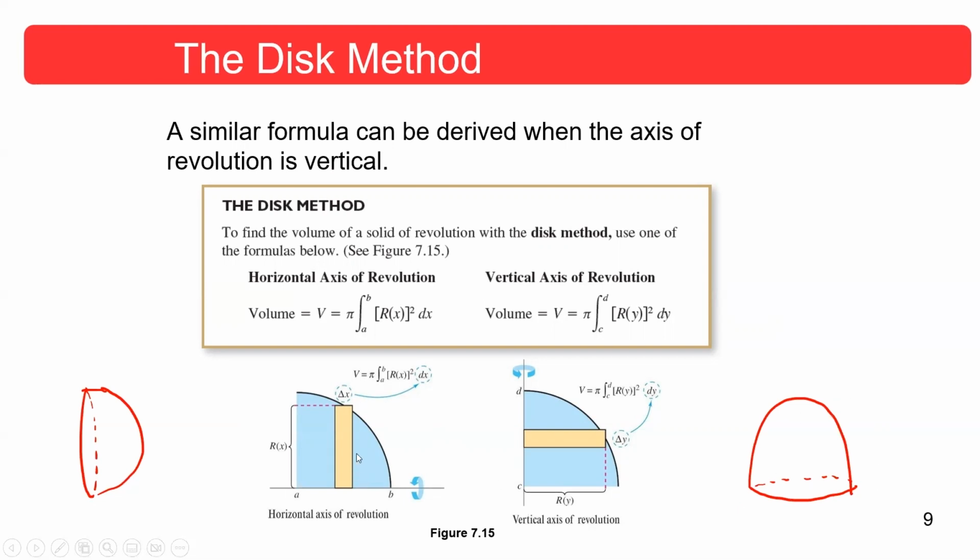And notice, guys, if the element is vertical, what's the thickness? The thickness is delta x, because the thickness is along the x-axis. And then the height is y up minus y down. If the element is horizontal, the thickness is delta y, or dy, and then the radius is right minus left.